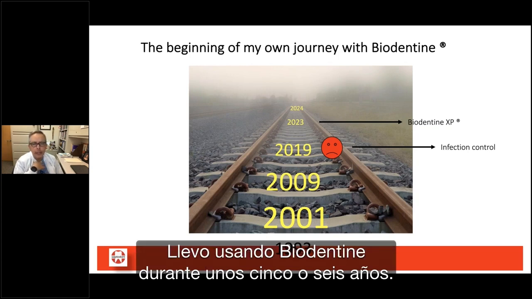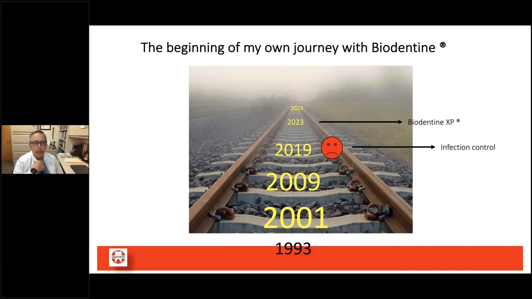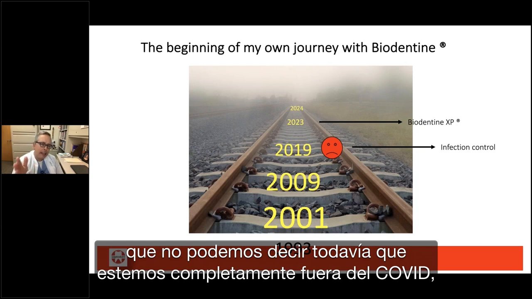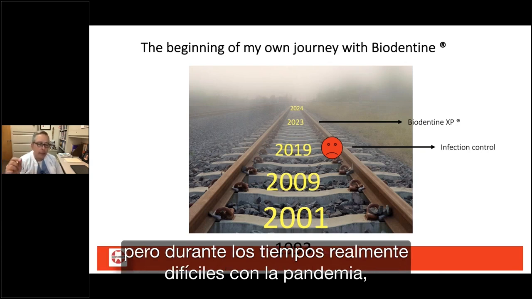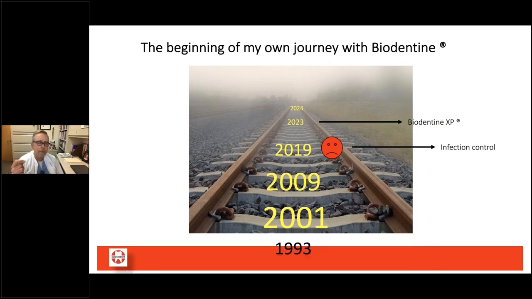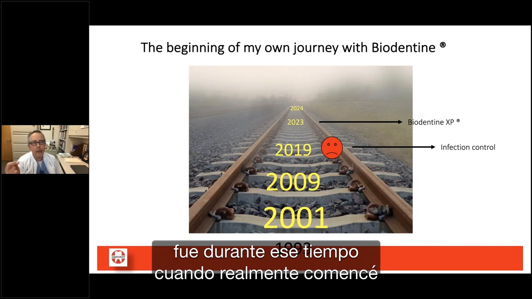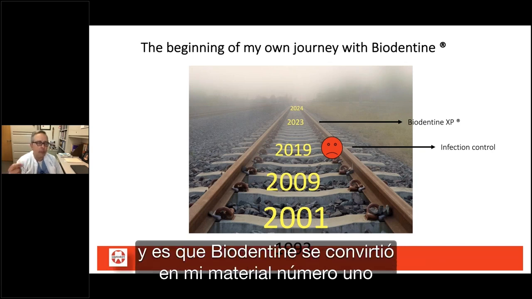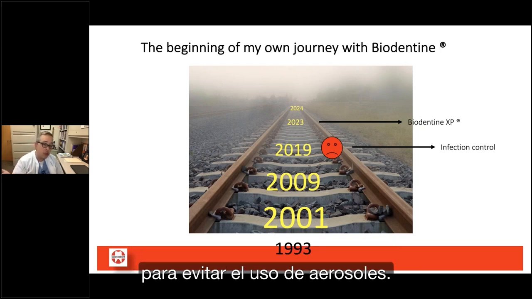I have been using Biodentine for about 5 to 6 years. During the pandemic, well, in these days we cannot say yet that we are completely out of COVID, but during the really difficult times of the pandemic, that was when I really started to use a lot of Biodentine, because it became my number one material to avoid the use of aerosols.